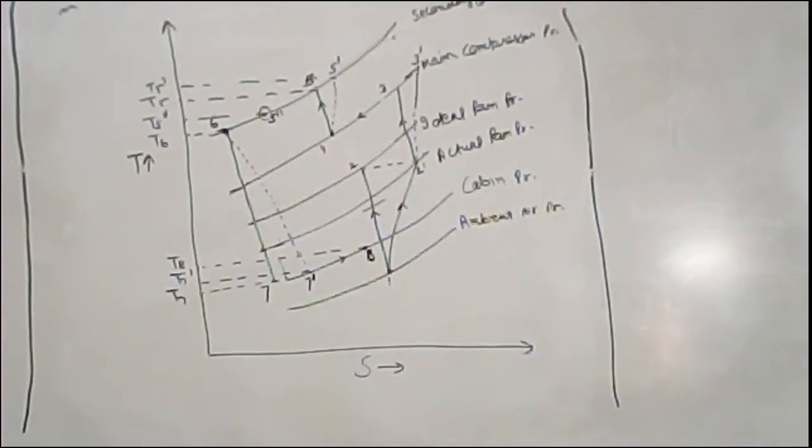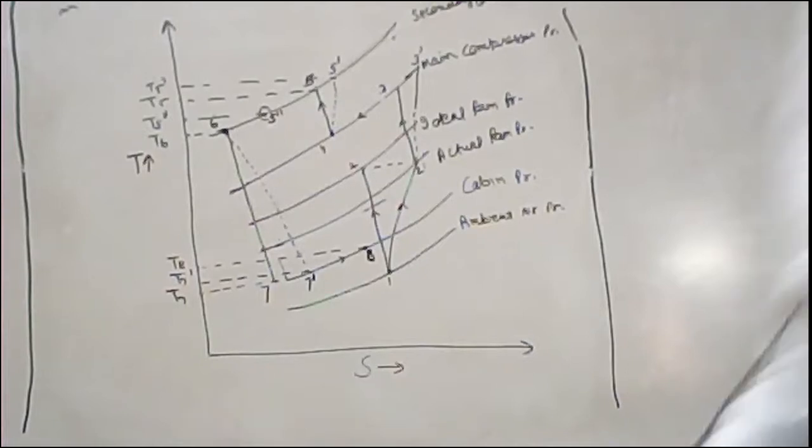So everybody write down the formula for the mass of air. What will be the formula of the mass of air which is passing through the refrigerating space? Look here, where the refrigeration effect will be, T8 minus T7 dash.